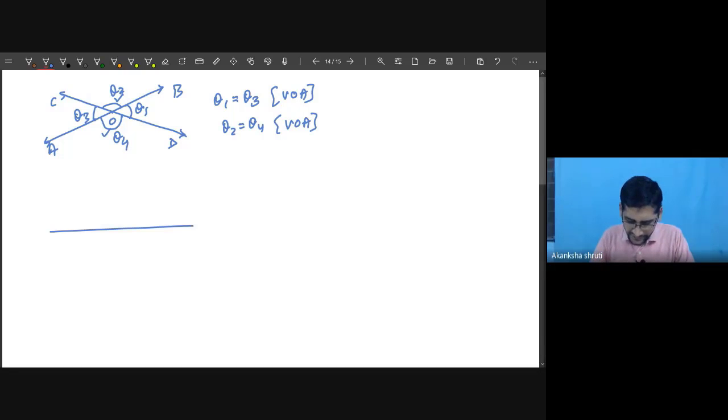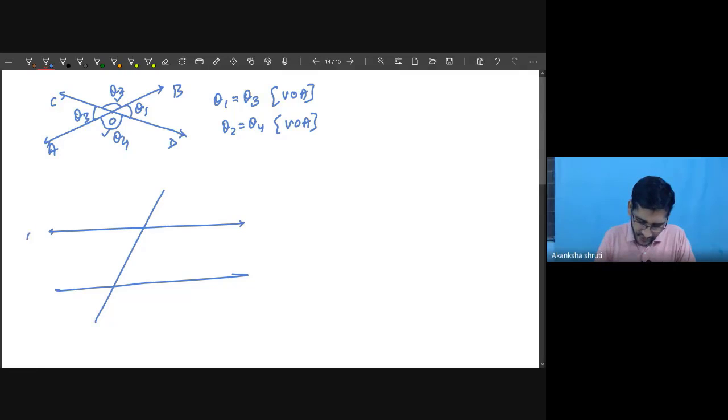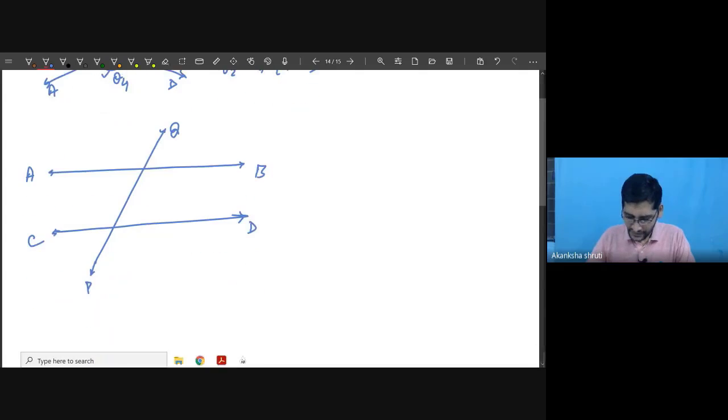Now, if we have two lines and one line is intersecting them, then various relations are there. How many angles are formed, student? Between AB and CD, these two are considered parallel, and PQ is the transversal.